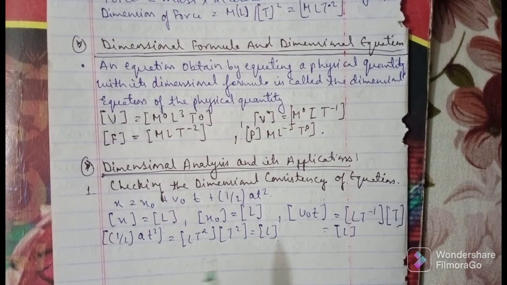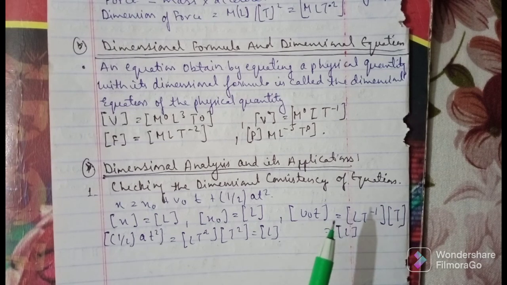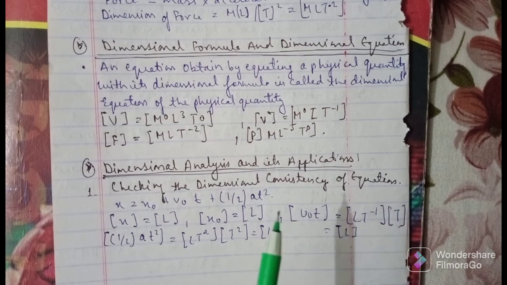It may be noted that the test of consistency of dimensions tells us no more and no less than the test of consistency of units, but it has the advantage that we need not commit ourselves to a particular choice of units, and we need not worry about conversion among the multiples and sub-multiples of units.